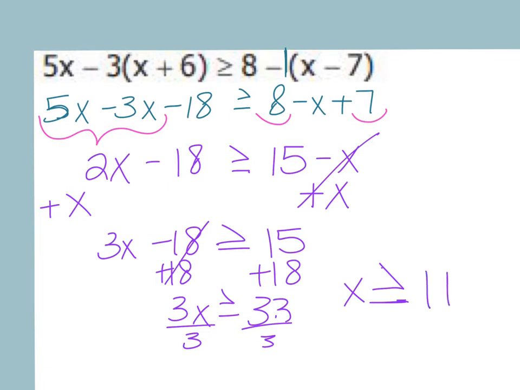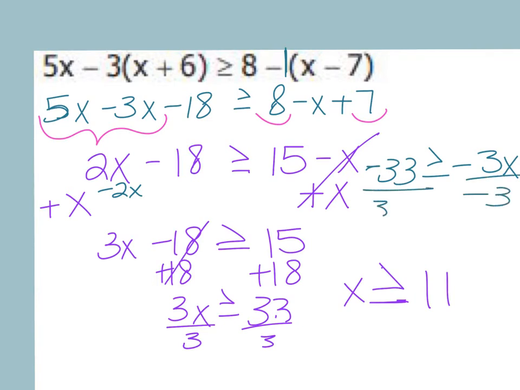So like in this case, if I would have subtracted the 2x, it would have given me negative 3x on the right side. So then I would have to divide by the negative 3, which would make me have to flip the sign.